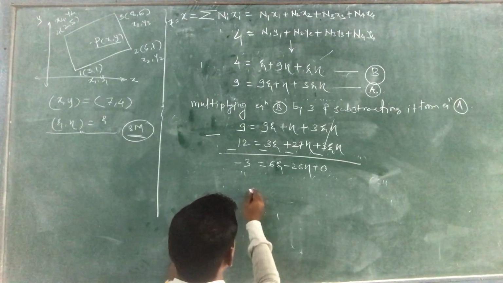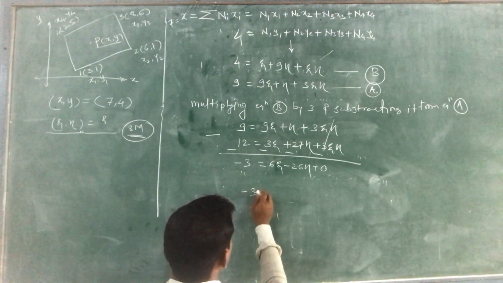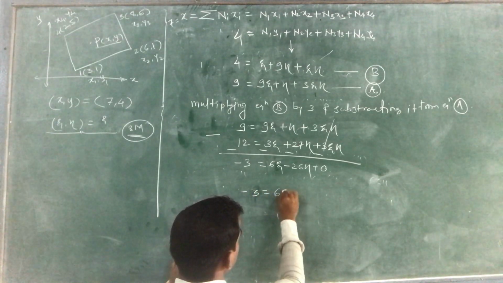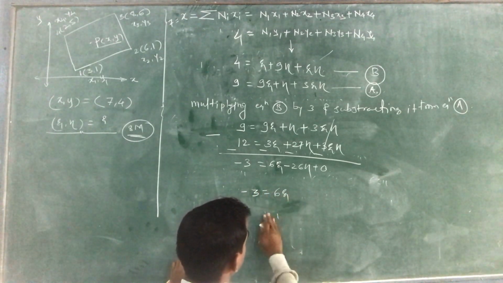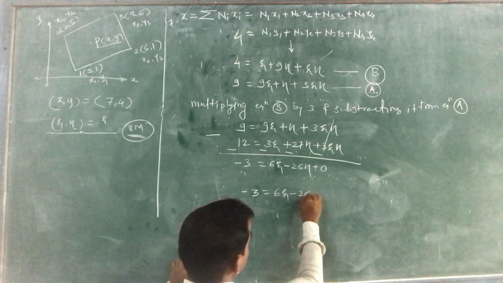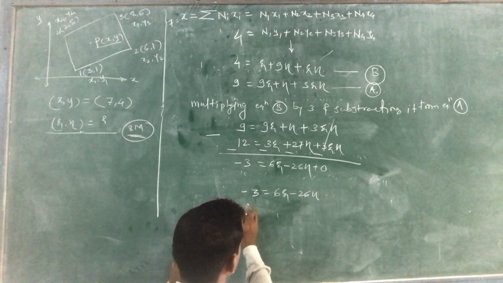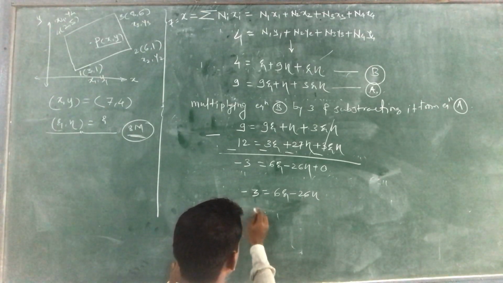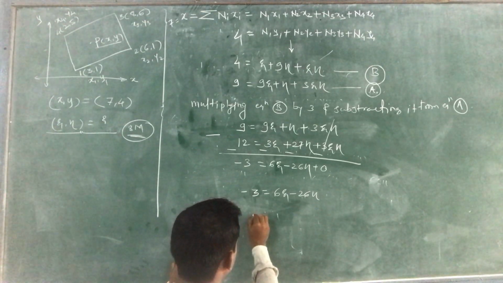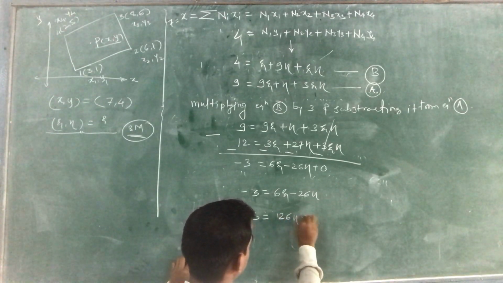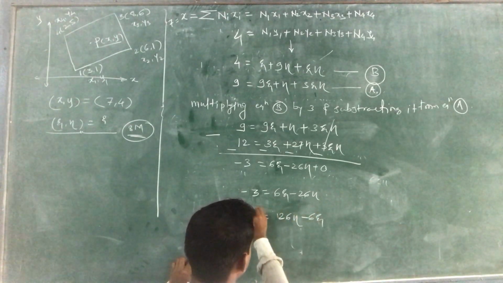Finally, we will get one form as minus 3 is equal to 6 zeta minus 26 eta. If we multiply this by a negative sign, it will become positive: 3 is equal to 26 eta minus 6 zeta.